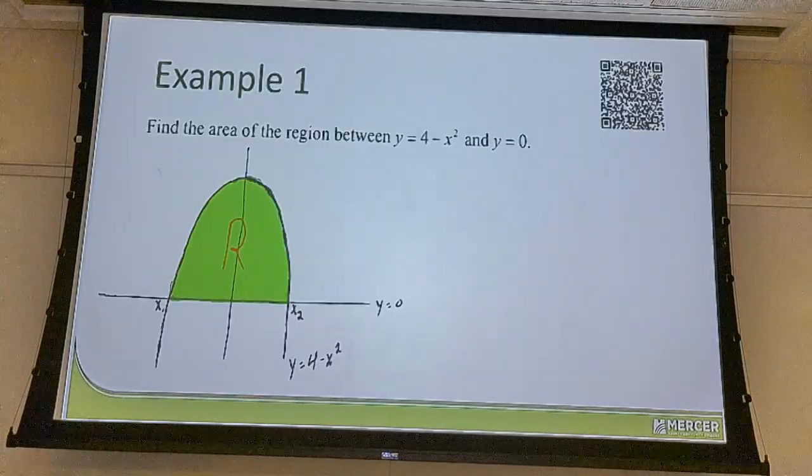How do we find them? You set it equal to 0. Set 4 minus x squared equal to 0.